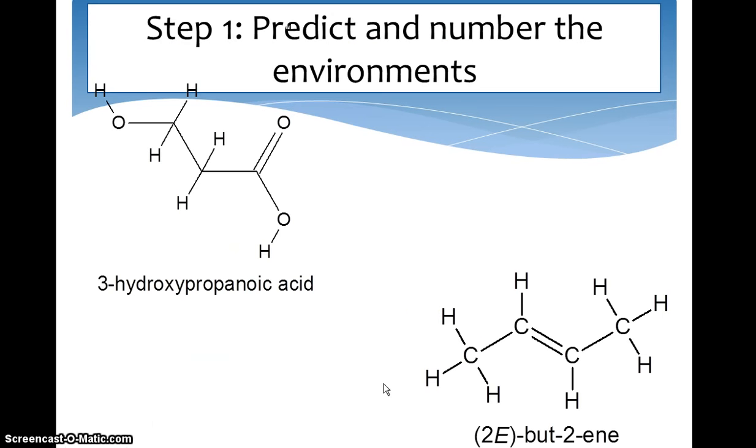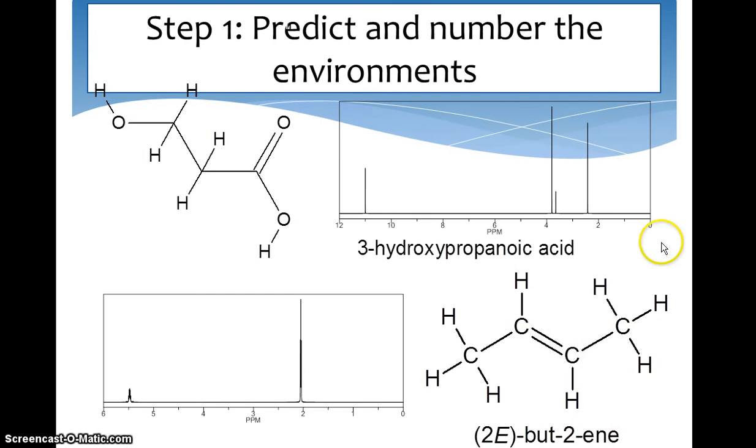So let's just have a quick look at a couple of compounds. We've got 3-hydroxypropanoic acid. How many hydrogen environments can you see there? And 2-butene. How many proton environments can you see there?